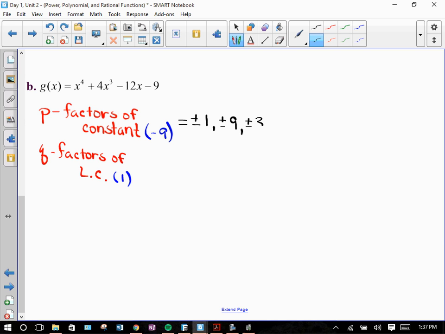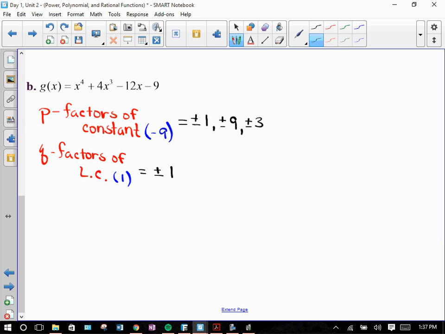No matter what the number is, it's always a plus or minus, because if I need a negative number, I can always do a negative and a positive. So, what are the factors of positive 1? Plus or minus 1.